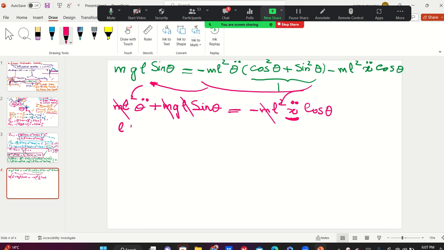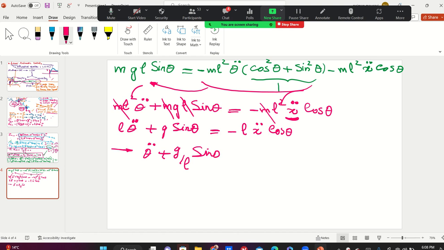So remaining is L theta double dot plus g sine theta equals minus L x double dot cosine theta. Or if you divide both sides by another L, you get theta double dot plus g over L sine theta equals minus x double dot cosine of theta.